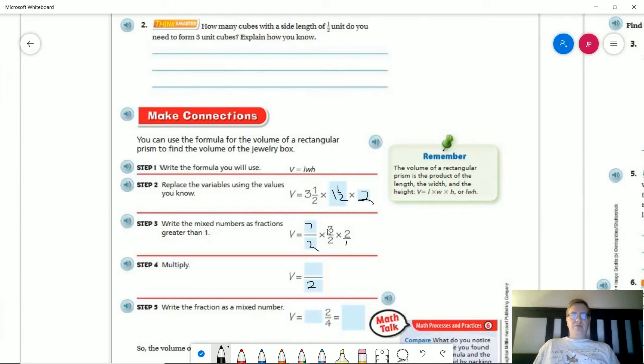And then I'm going to have 21 times 2 is 42. I'm sorry, this part should be 4. And so I'm going to have 10 and a half, which is 10 and 2/4, which reduces to 10 and 1/2.